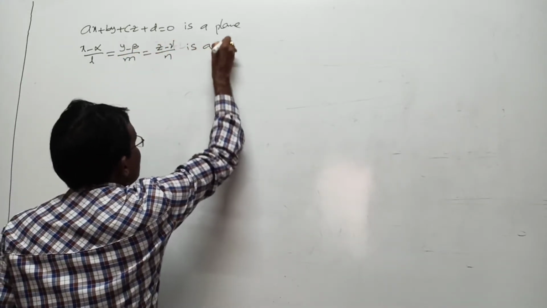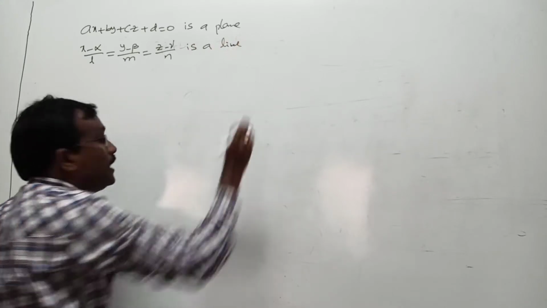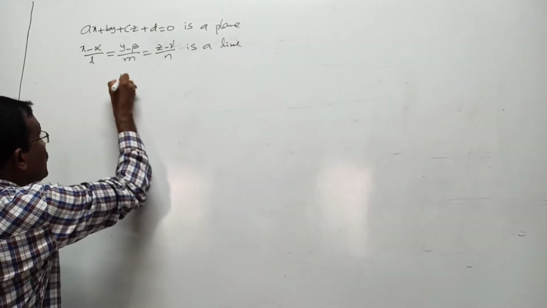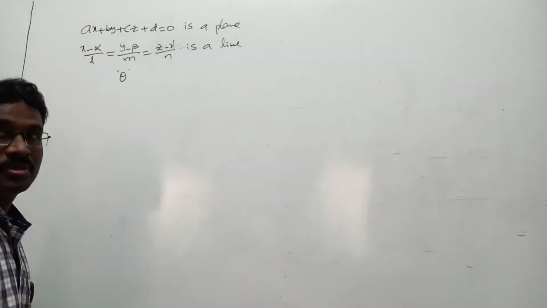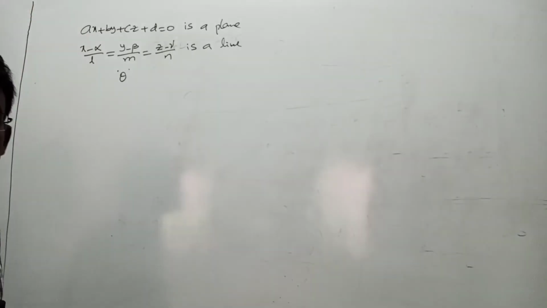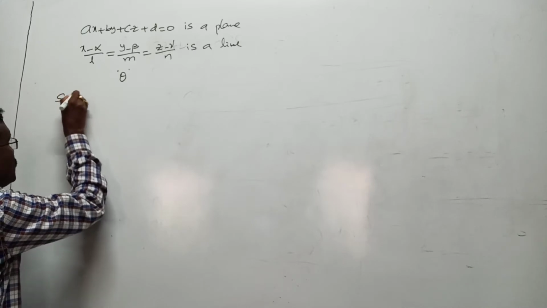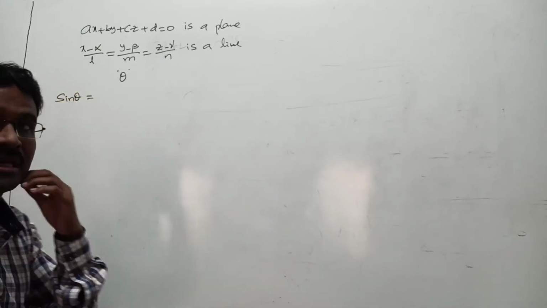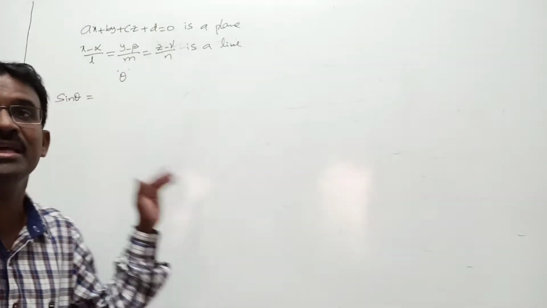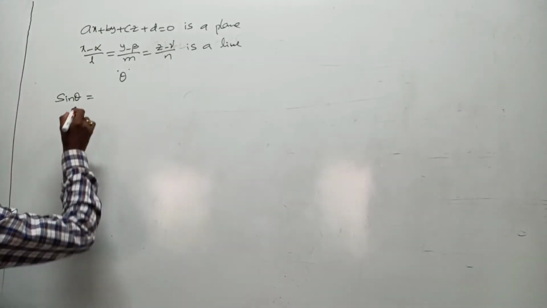If theta is the angle between those two things, then instead of cos theta we get sin theta. In the previous line condition we got cos theta, here it is sin theta. That is the only difference.